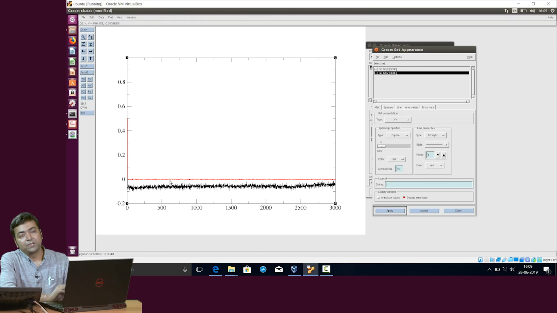So, what you would expect is that these plots will hover around 0. But when we have used fewer numbers for the correlation plot, what we see is that it is having a certain non-zero value. And the moment you increase the number of random numbers that goes into the evaluation of the correlation plot, you see that it starts hovering around 0 nicely.